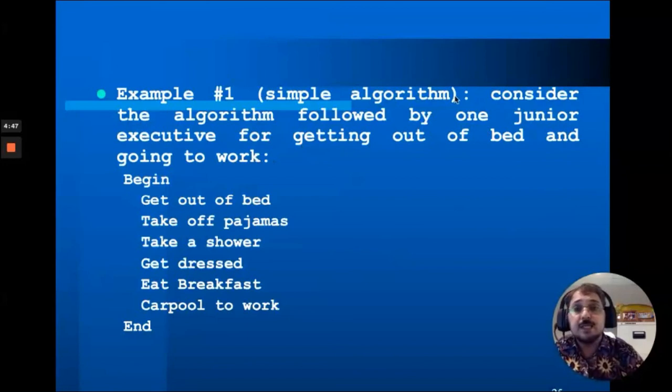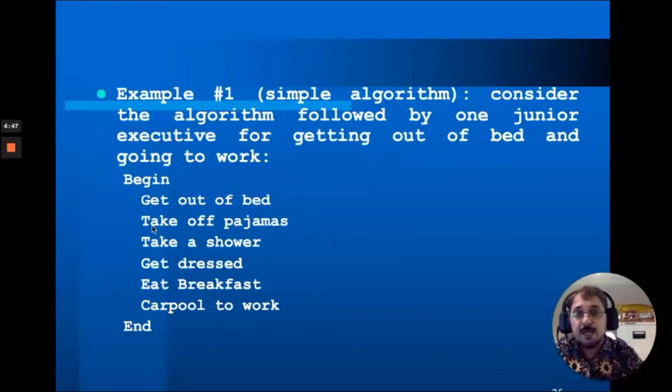We are writing like this. Consider an algorithm followed by a junior executive for getting out of bed and going to work. So you see, a simple daily life activity. When you are writing in algorithmic form, note the style: begin, and the next line one step.